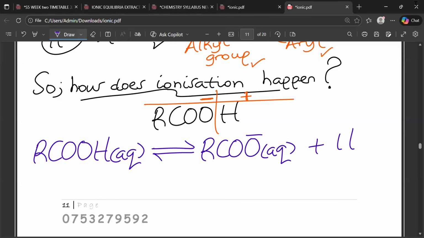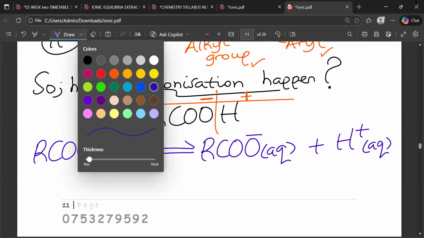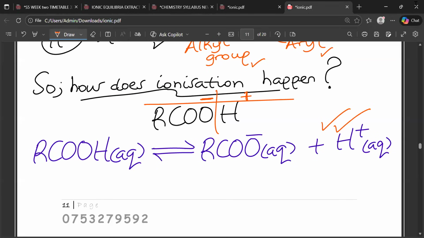Then you bring your proton H plus, also aqueous. Simple as that. Then you get all your marks. You don't get half marks even if you are short; they'll give you all your marks. That is alternative one, where direct ionization is happening.